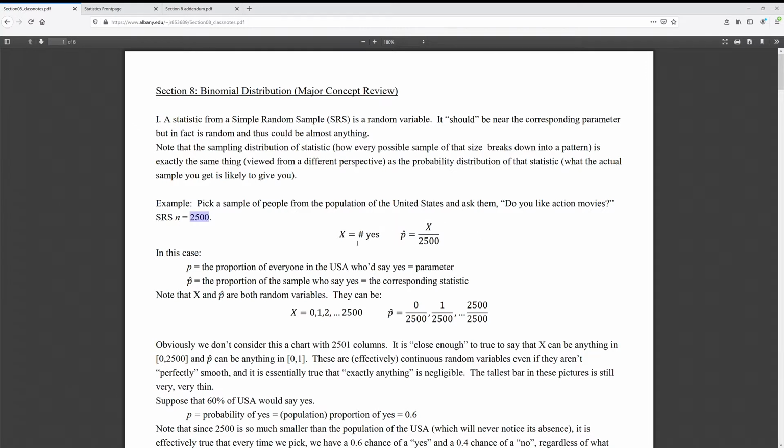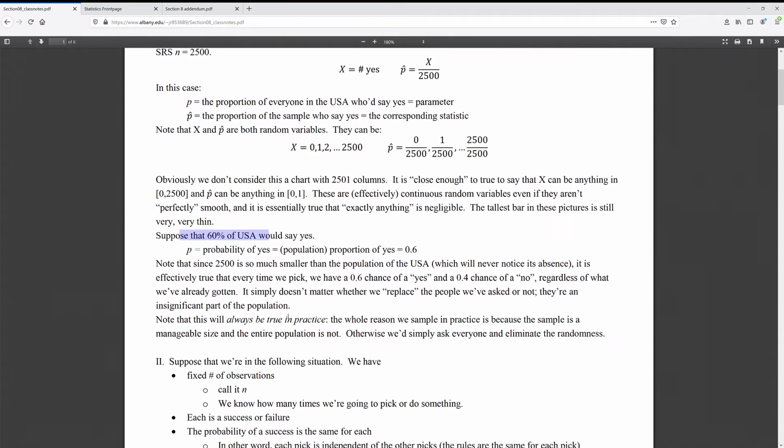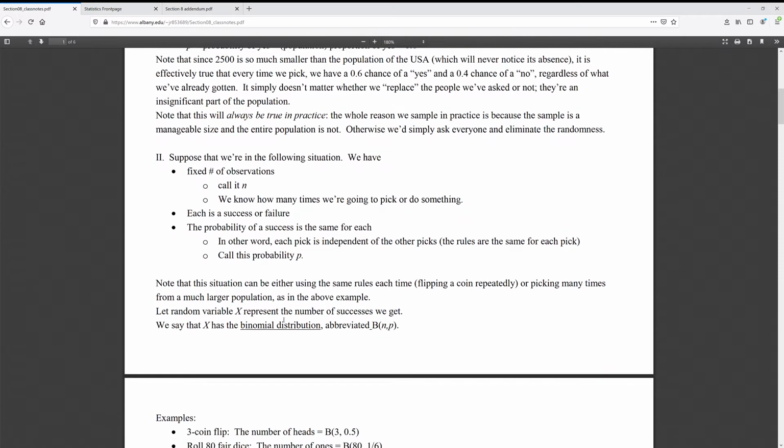The number of yeses that you get in this scenario is a binomial variable, n being 2,500, p being 0.6 if that was the proportion of yeses out there. But again, it's not very helpful because even software is going to have a problem with computing binomial distributions like that.